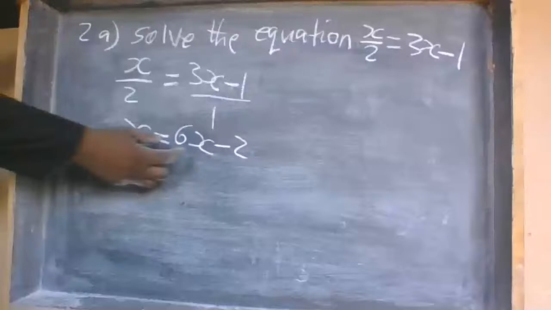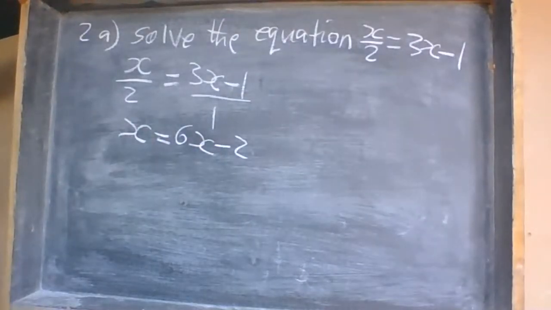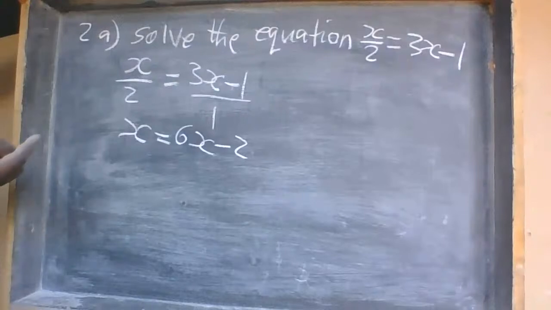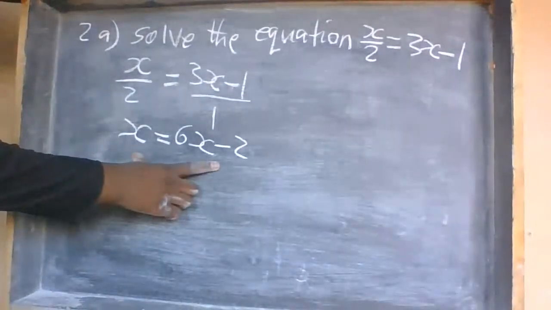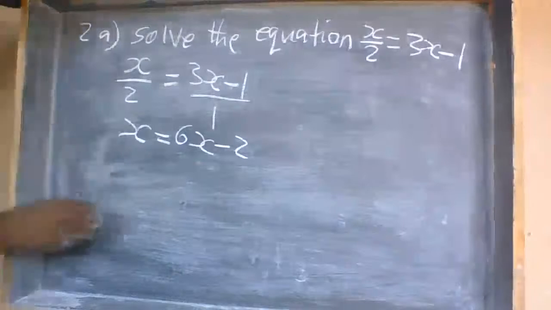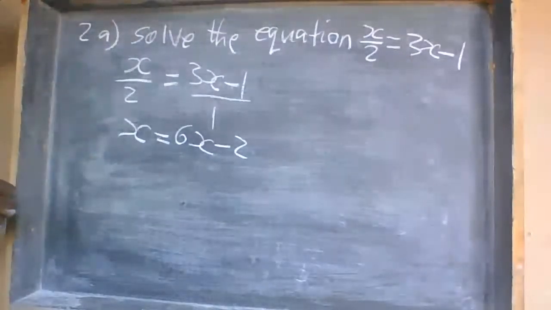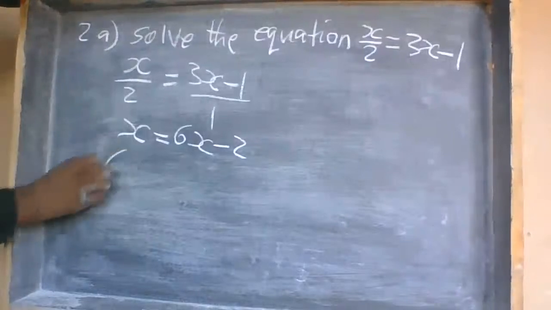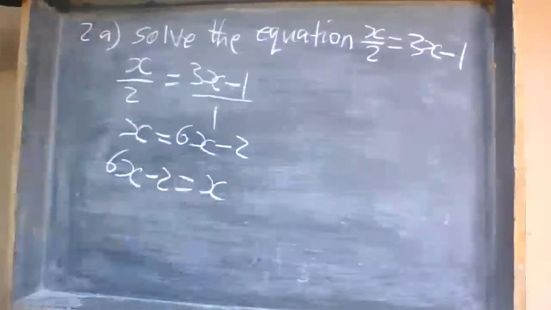For viewers not to be confused, we are going to rewrite this as 6x minus 2 equals x.